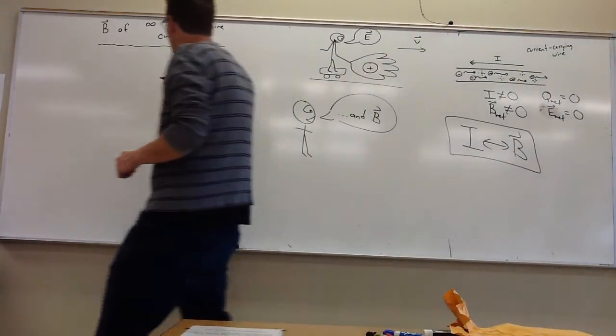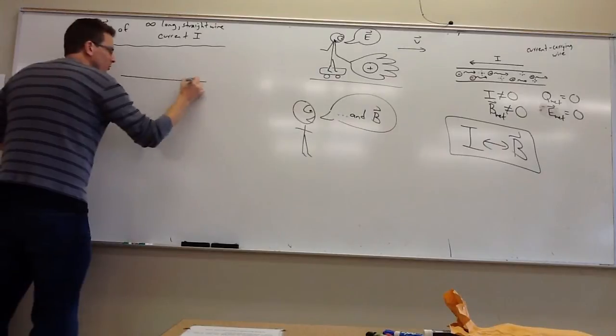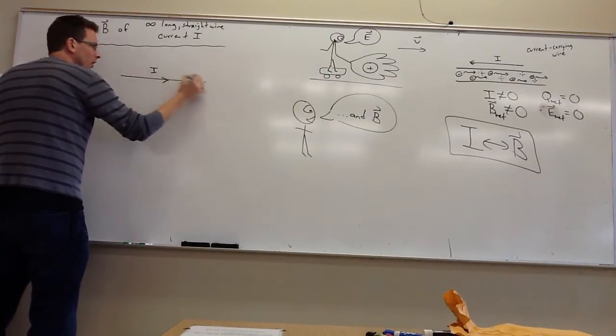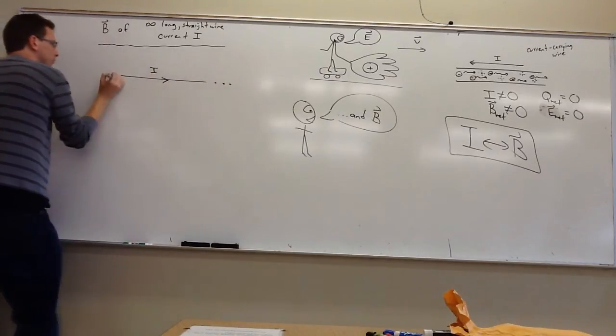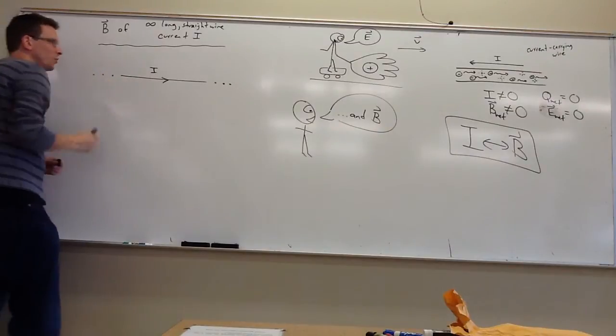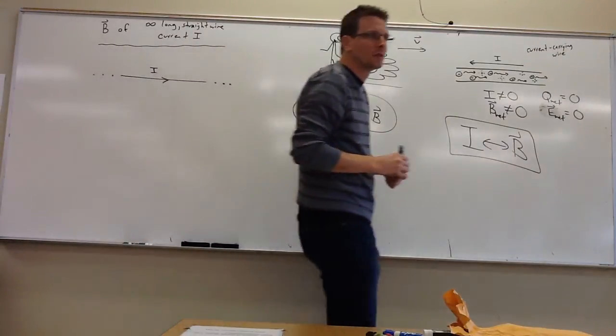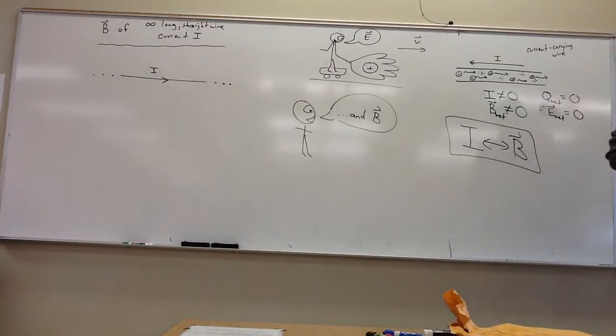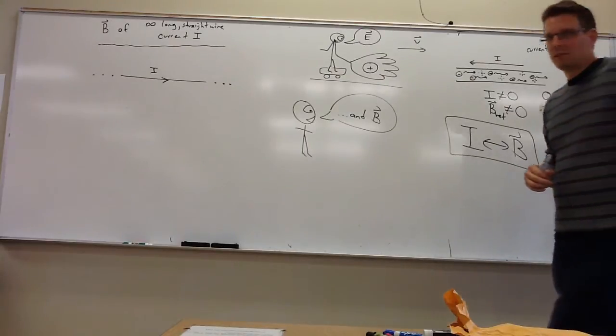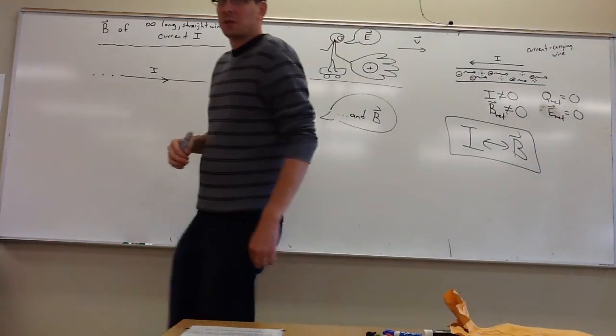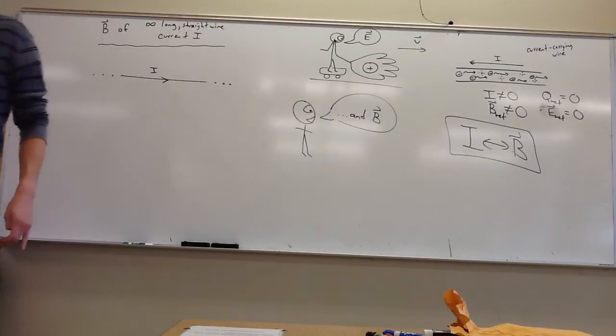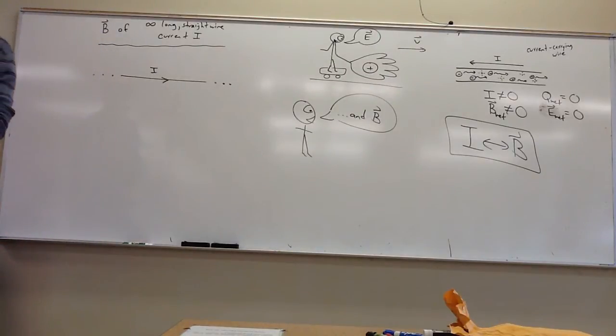This means a wire that's straight like this, and it goes on and on and on forever in both directions. Now, you might question, why would we do that? There's no such thing as an infinitely long wire. Well, there are very long ones, to which this formula that I will give you is a highly accurate approximation.